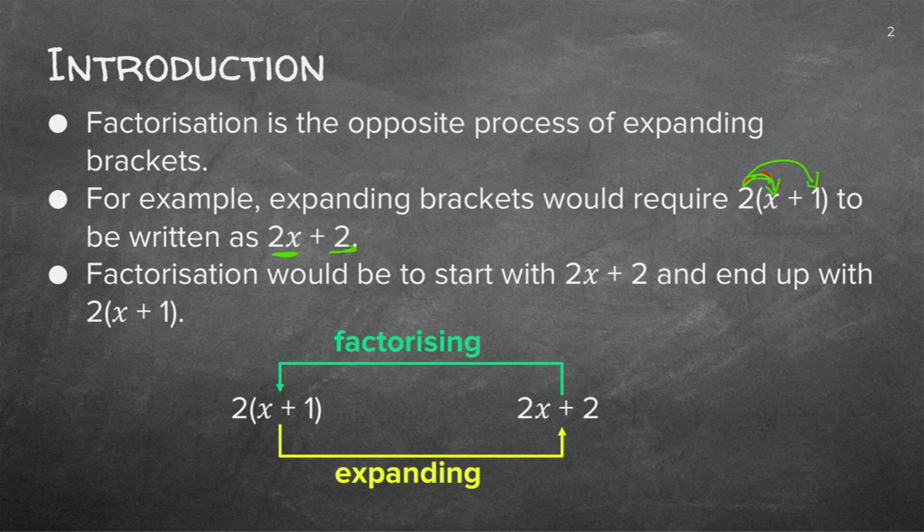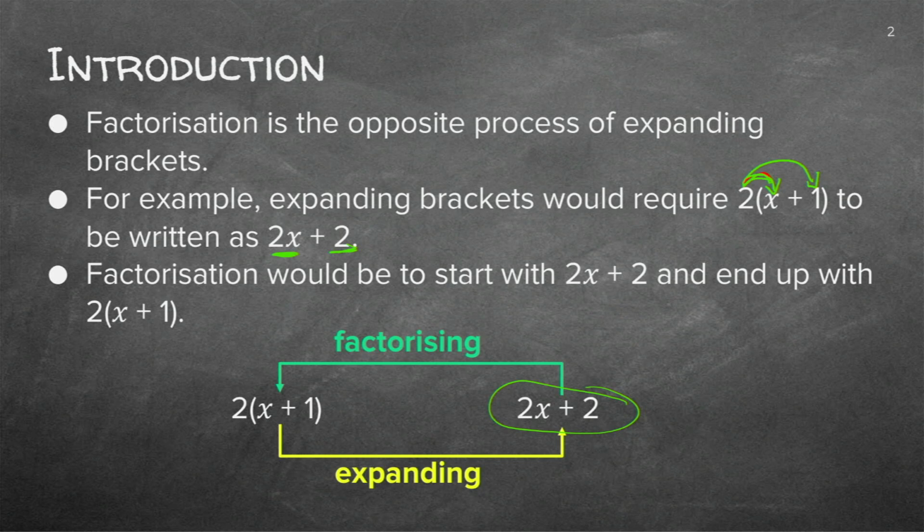Factorization would be to start with 2x plus 2 and end up with 2 and a bracket of x plus 1. As you see from the diagram underneath, the process of factorization means we are moving from the part where you don't have brackets to the part where you now have brackets.